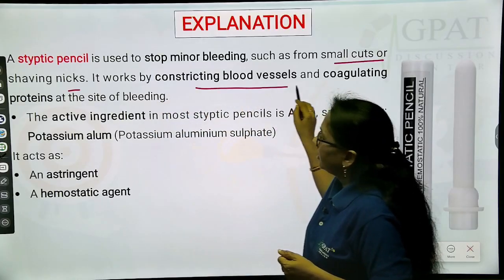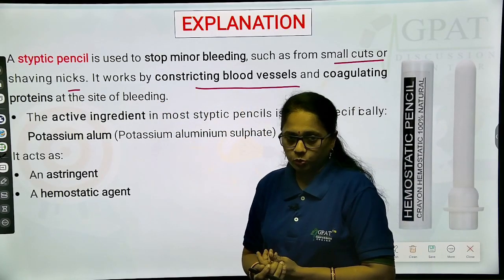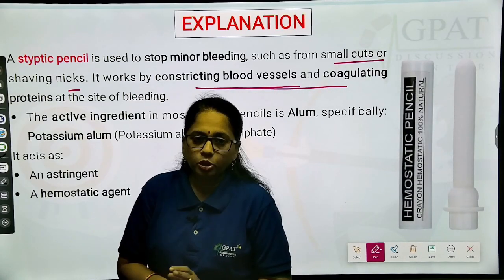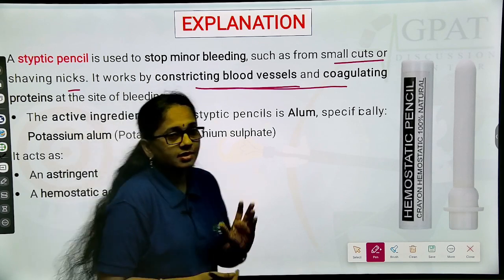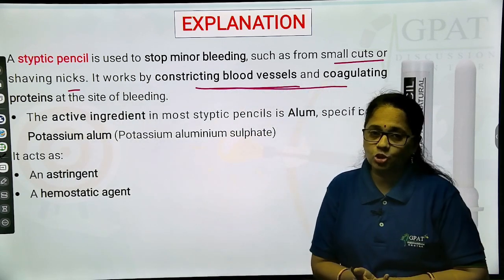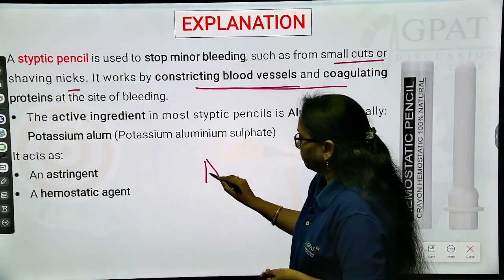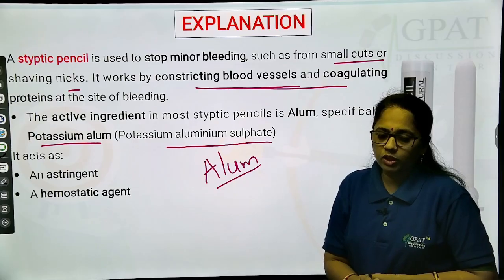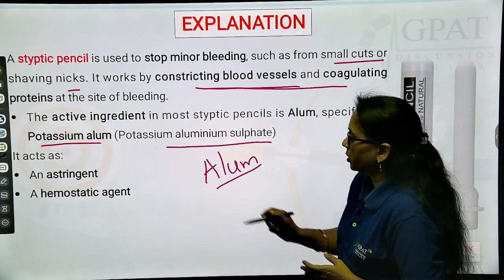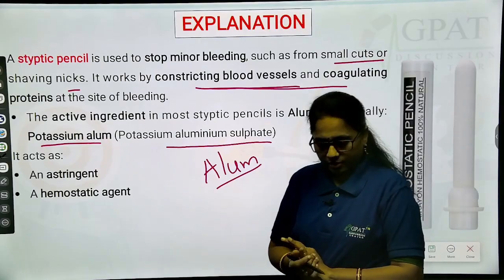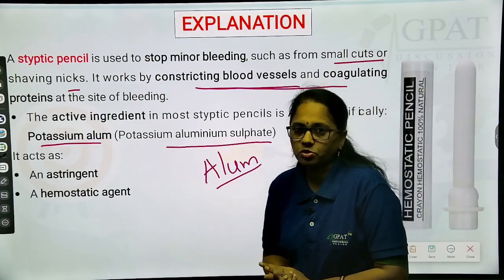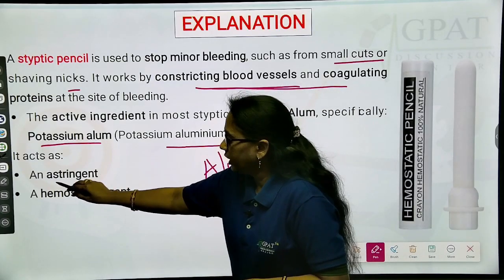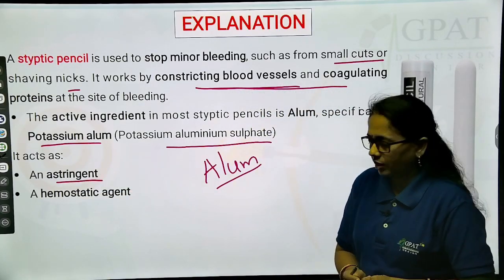Okay, how does it work? It is going to constrict the blood vessels and cause coagulation of the proteins at the site of the bleeding. For that purpose, what does it actually contain? It contains alum, mostly potassium alum. Alum means what? Aluminium sulphate. It is a salt of potassium, potassium aluminium sulphate, which is called normal alum, which is also used in purification of water. So this potassium alum acts as an astringent as well as a hemostatic agent.